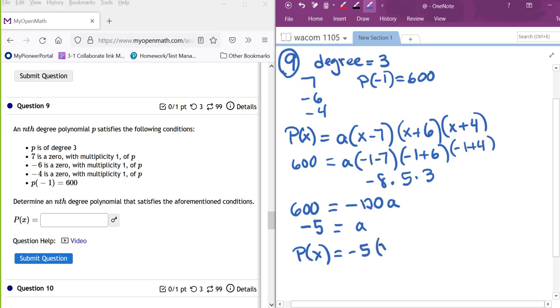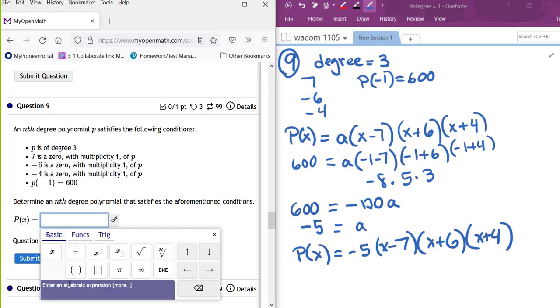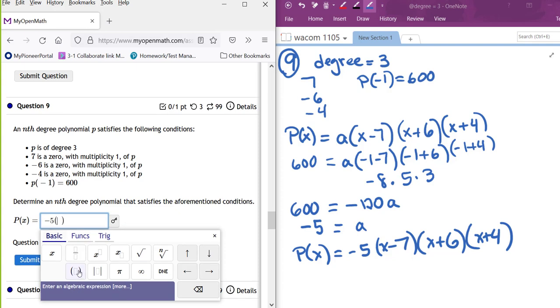I'll go back onto this one. And we can type it in. -5 parentheses x minus 7 parentheses x plus 6 and parentheses x plus 4.